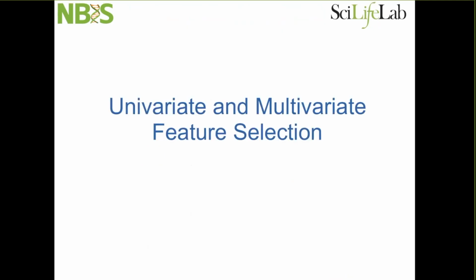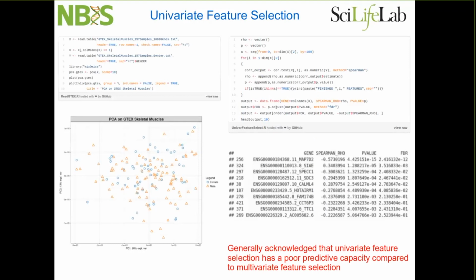And here I will talk about univariate and multivariate feature selection. There are two types of feature selection. A very simple one that you can do, and you will be doing it in the exercises, I explain here using gene expression data from skeletal muscles from the GTEx consortium. GTEx has gene expression data from human individuals from, I think, over 70 different tissues.